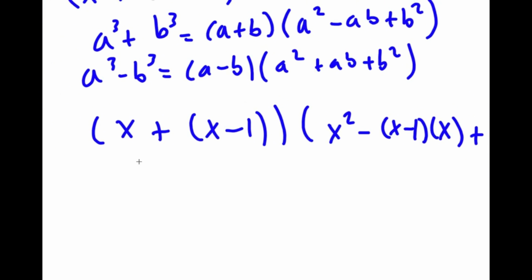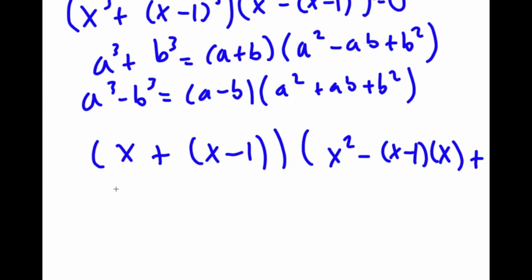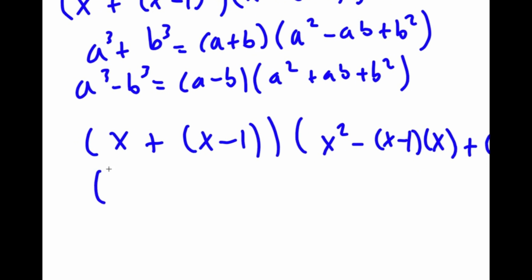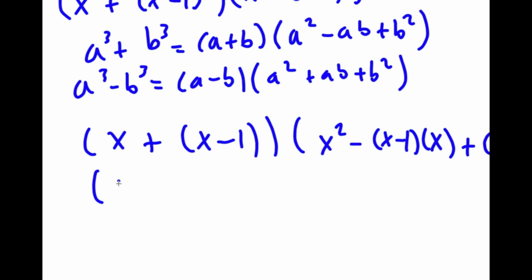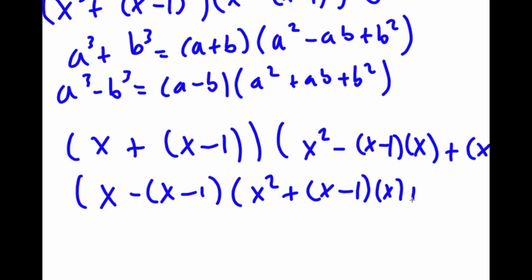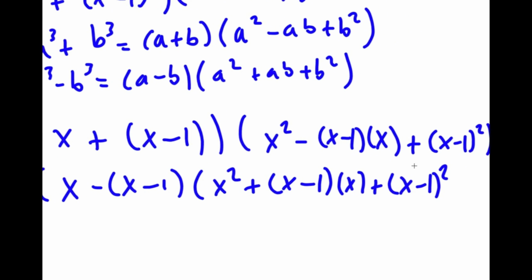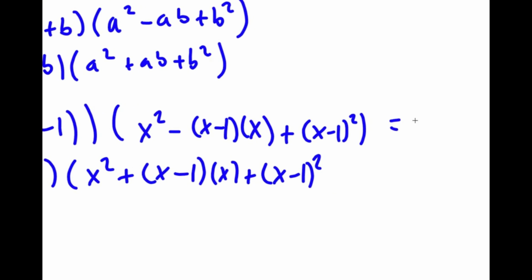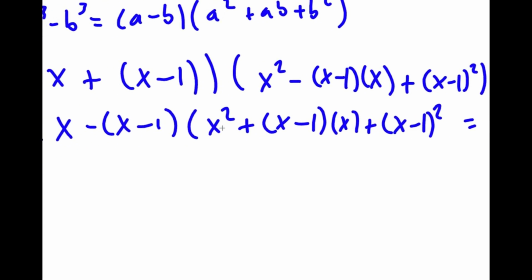And then we have this times (x minus (x minus 1)) times (x squared plus x times (x minus 1) plus (x minus 1) squared). And these two are actually separate equations. So this is equal to 0 and this is equal to 0.